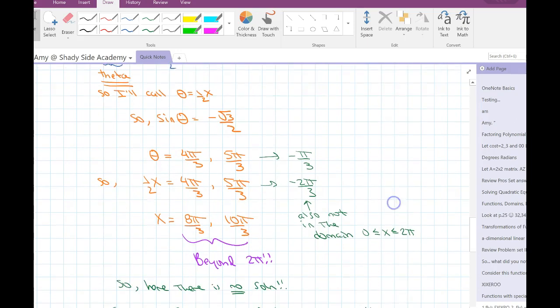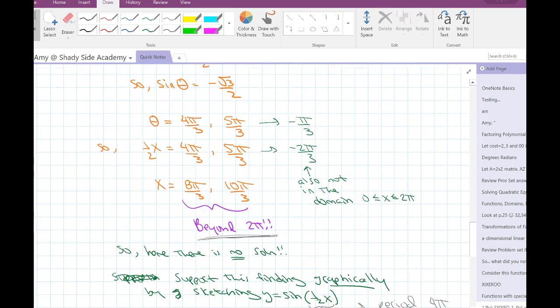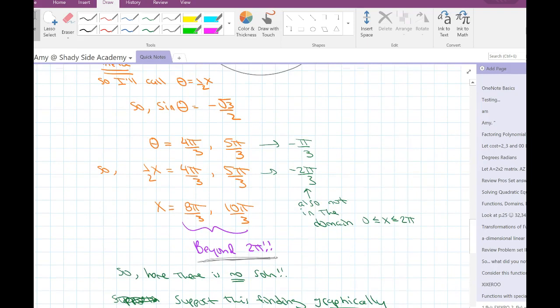But when I take a look at those 2 numbers, they are beyond 2 pi. So you're saying, oh man, that's out of my domain. The domain is this. What do I do? When I do an answer key, I usually try and be more thorough than not. So I went over to theta in orange again, and I said, well, I know that theta could be 4 pi over 3 and 5 pi over 3.